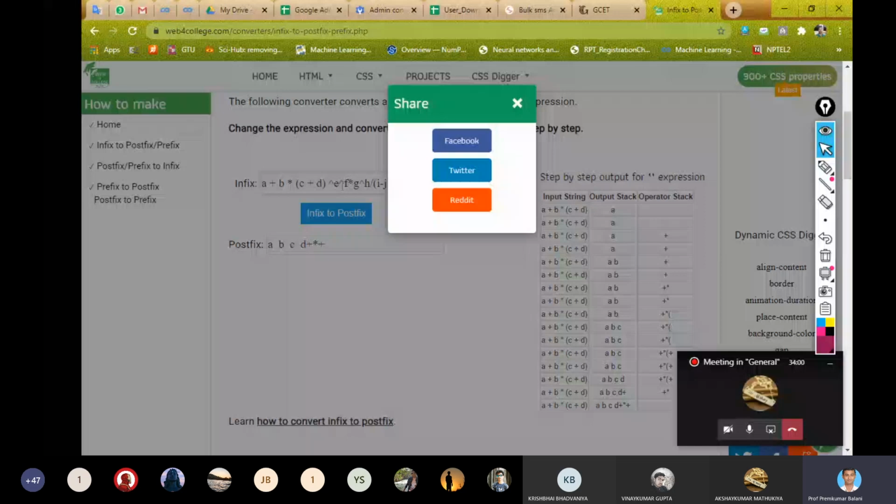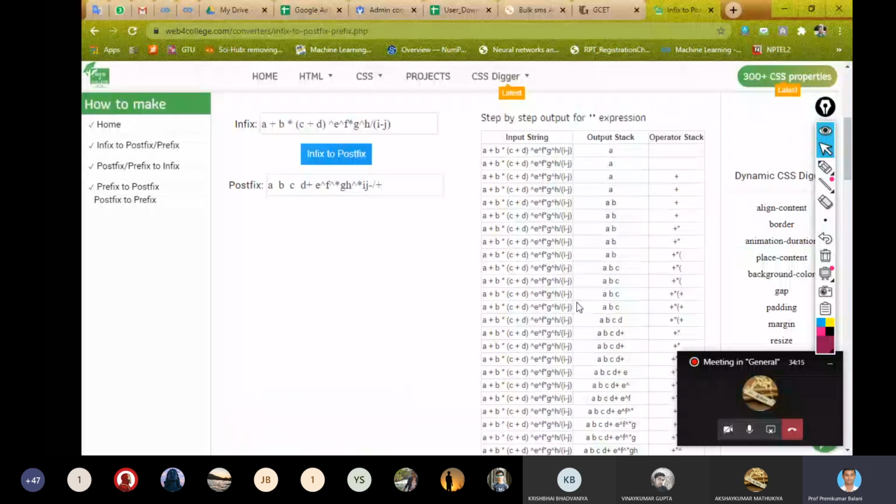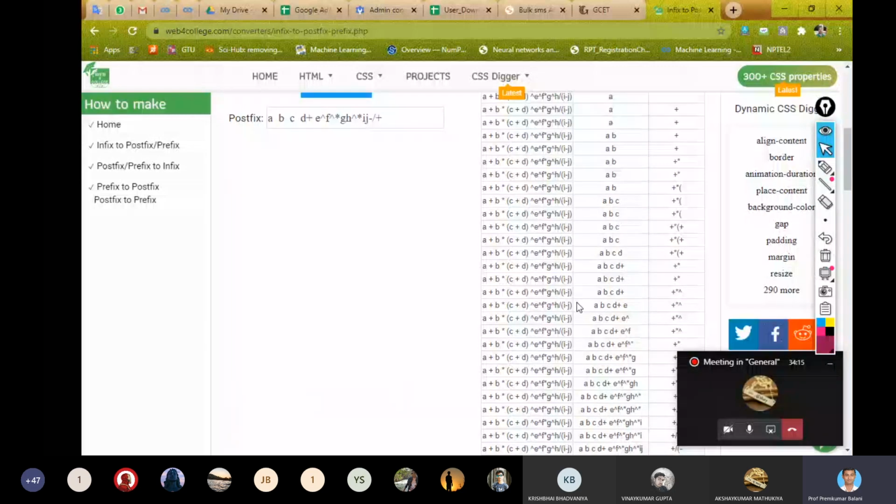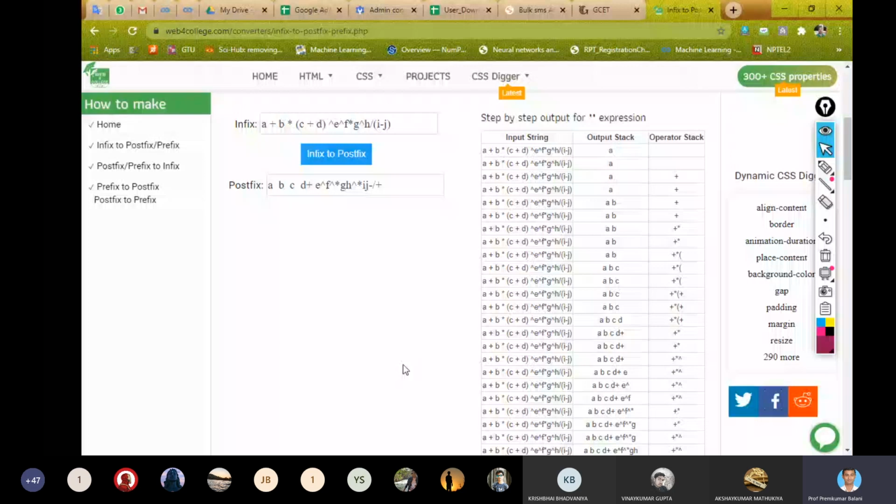Let's convert it to postfix. See, the steps are there. These are the stack. With the stack trace they have given this answer. This also we will see later on. Once we see the algorithm of how to convert infix to postfix, you will be able to write down this stack output also, right?